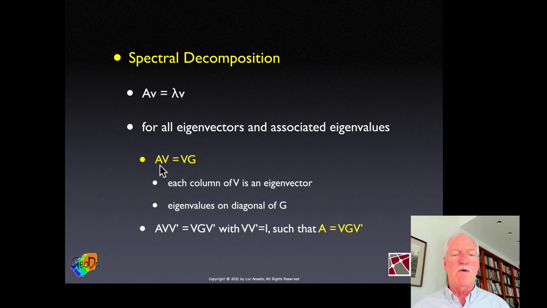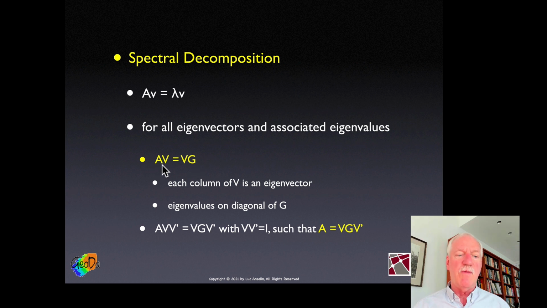A is our original matrix. V is also a matrix now of the same dimensions as A, where each column is an eigenvector. Each column is one of these V's that multiplies lambda V, and the lambdas we stick in the diagonal of this matrix G. So matrix G is also of the same dimensions, in our case 2 by 2.